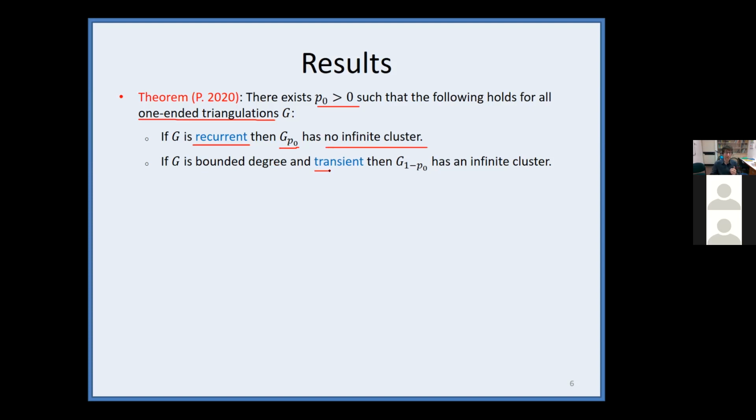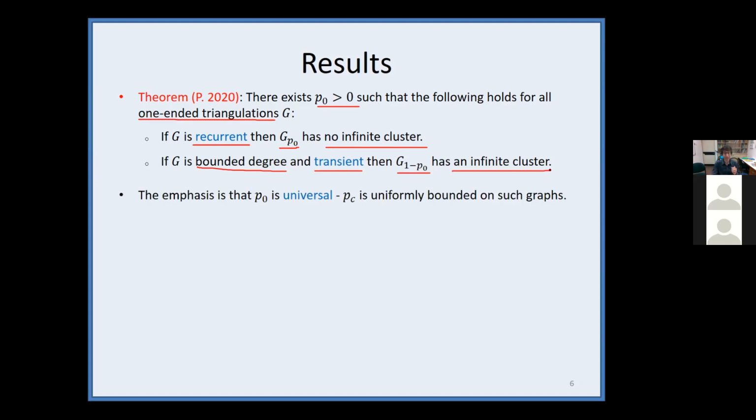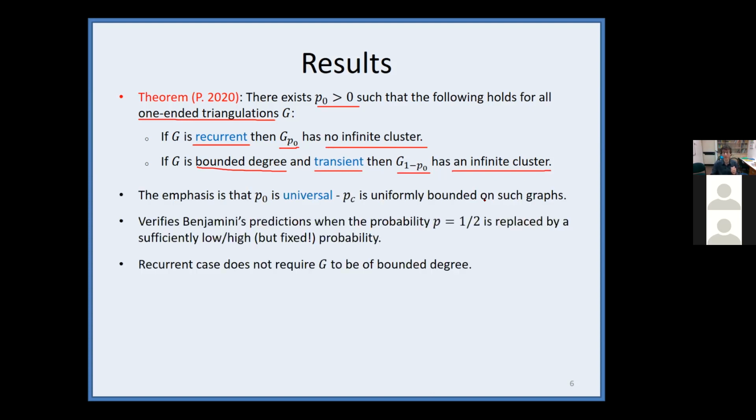On the other hand, if the graph is transient and has bounded degree, then at 1 minus this small number, you do have an infinite cluster. So how does this relate to Benjamini's conjecture? Benjamini posed the questions at p equal 1/2. So here we replace 1/2 with a sufficiently small or a sufficiently high but fixed probability. And still this was unknown.